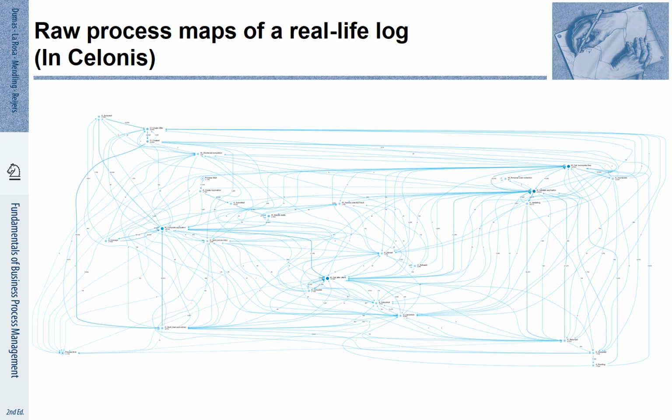In this case, the tool that is used here is Celonis. Celonis provides various filtering and abstraction options. In this way, we want to arrive at a model that is more readily understandable. Complex process models, as we see it here, are also sometimes called spaghetti models for the many crossing lines.